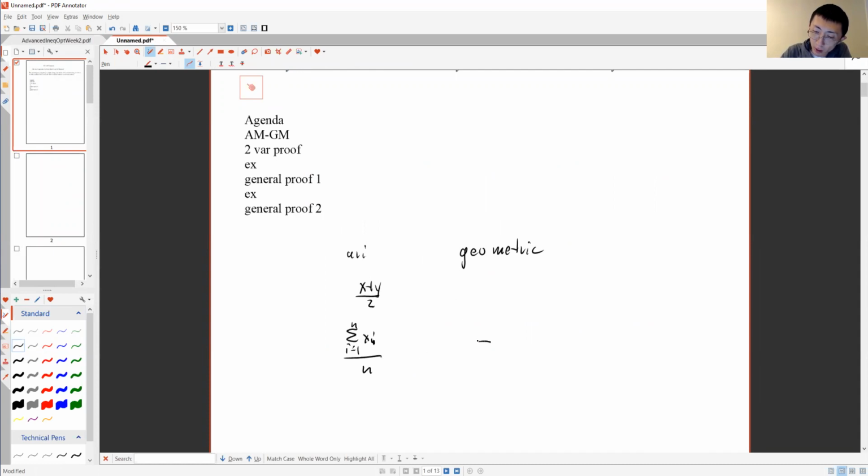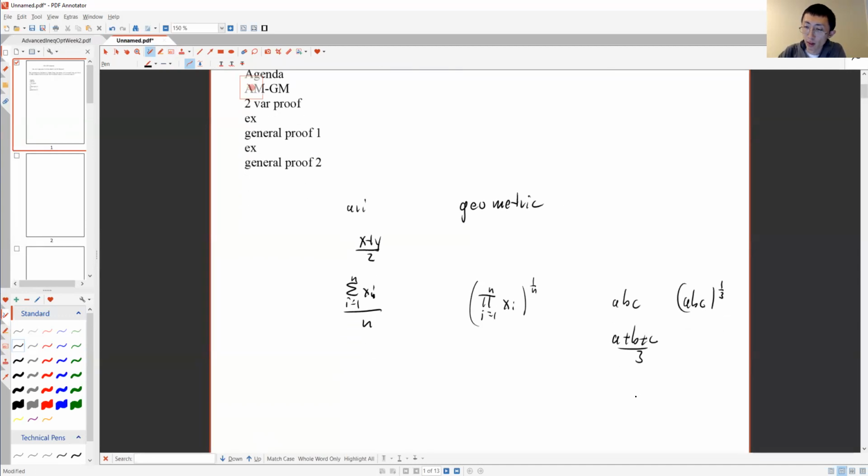For geometric mean, you take the product of n numbers and you take it to the 1 over nth power, or the nth root, in other words. So the geometric mean of A, B, C is just you multiply them and you take it to the 1/3 power, just like the arithmetic mean is you add them and you divide by 3. So that's geometric mean.